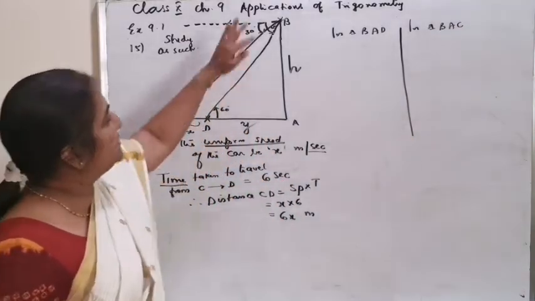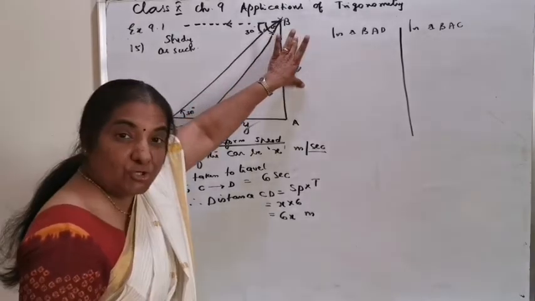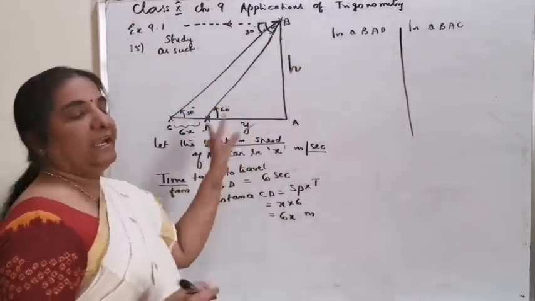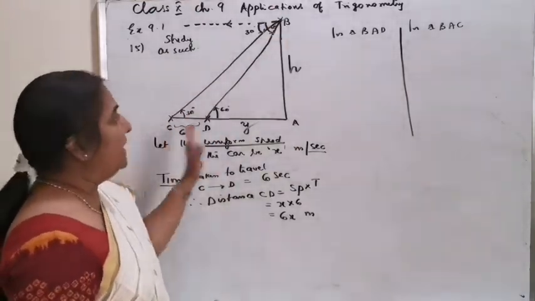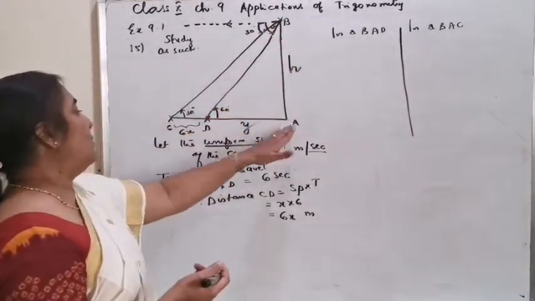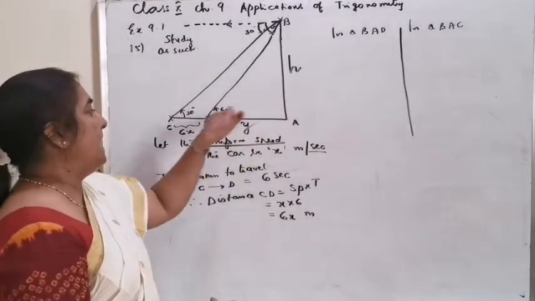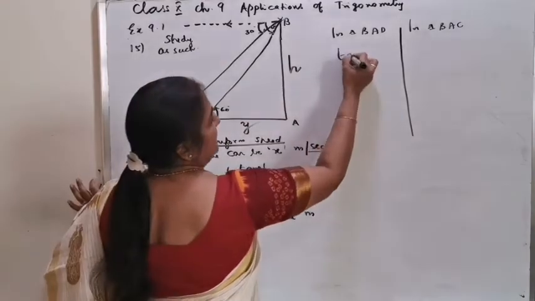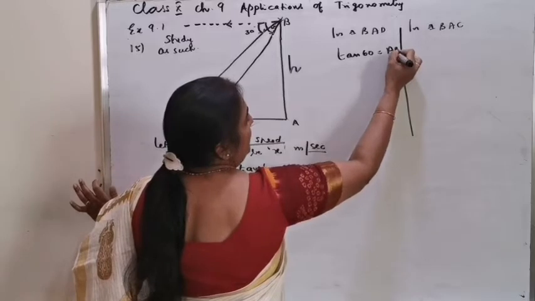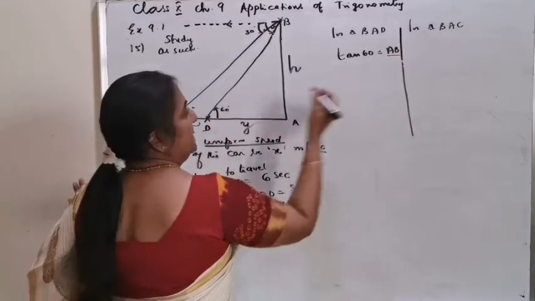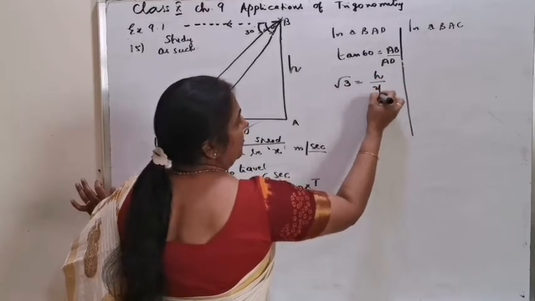Now, when you take triangle BAD, the measure of AB is unknown to you, and the measure of AD is also unknown. If you take triangle BAC, again AB is unknown, so AC is also unknown. In the first triangle BAD, tan 60 is equal to opposite side AB over adjacent side AD, so root 3 is equal to h by y.